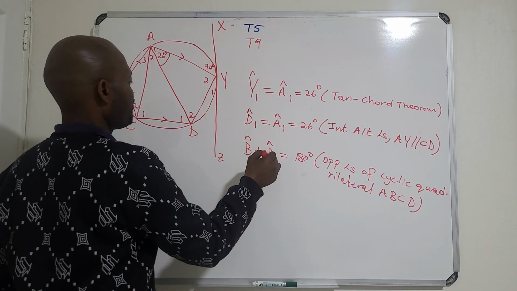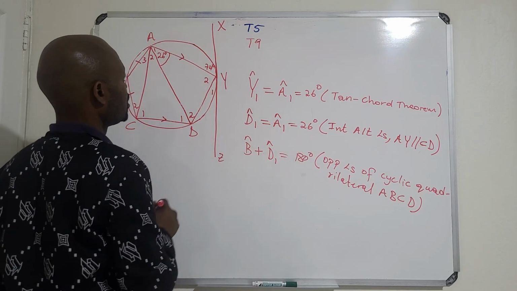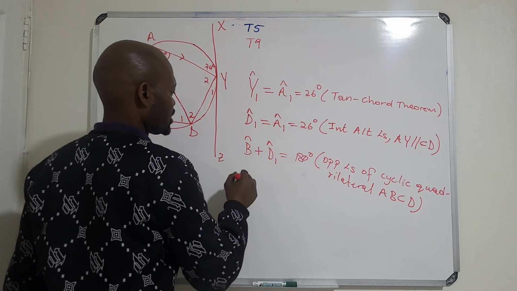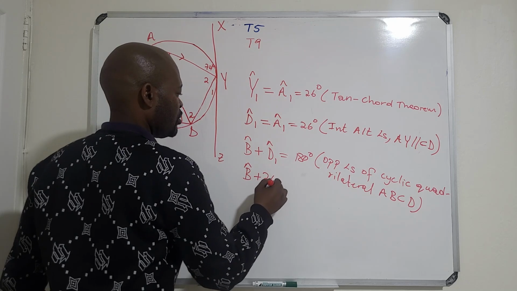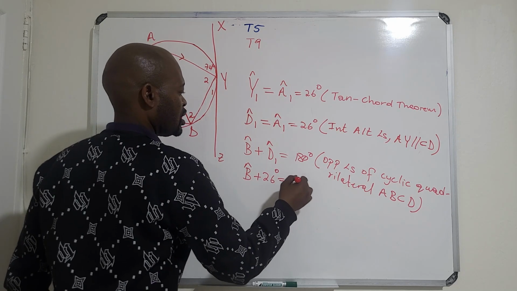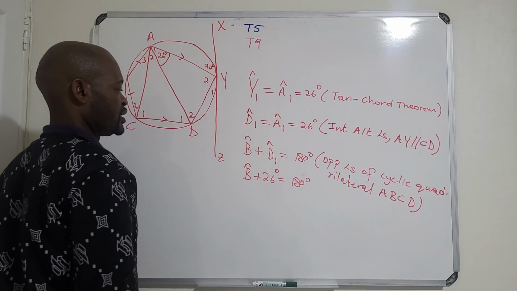Now, we do have D1, which is 26. Angle B plus 26 degrees equals 180 degrees.